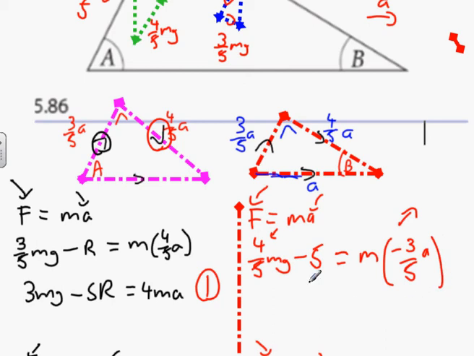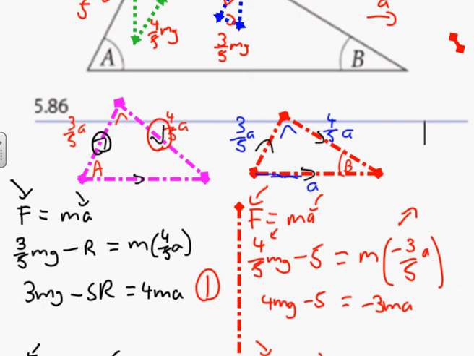Alright? Multiply both sides by 5. 4mg minus S equals minus 3ma. There's another equation there. Remember in the previous... 5S, you're right.